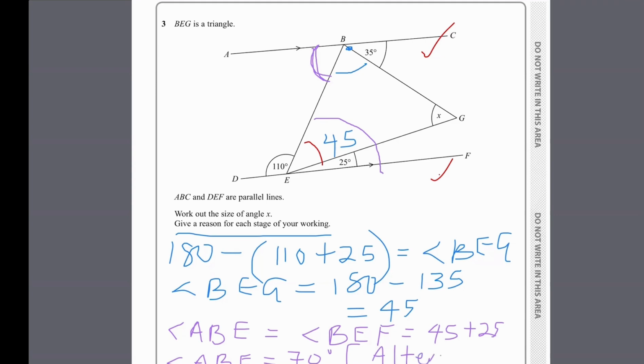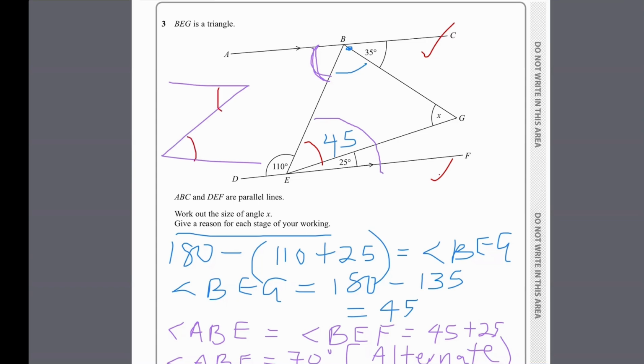Now, how do we identify alternate angles? Like I said at the beginning, you must have parallel lines for you to bring in the concept of alternates, corresponding, and the likes. And the angle must appear in the form of a Z, such that the angle here is always equal to the angle here.